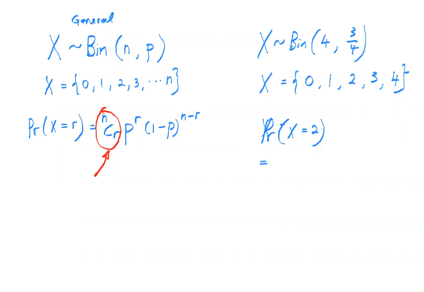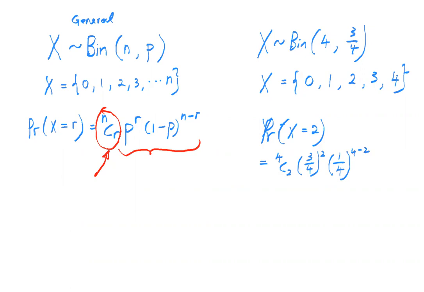This is the probability of each outcome for this case, correct? So according to the formula, we will use 4C2, 3/4 to the power of 2 and 1/4 to the power of 4 minus 2.